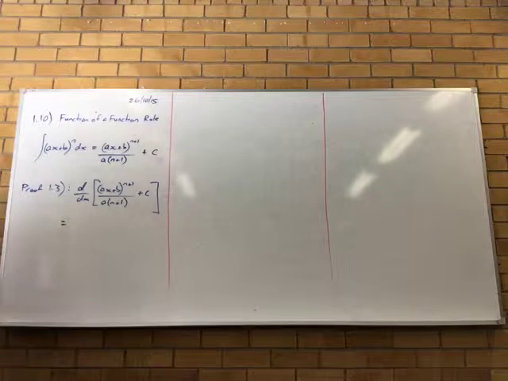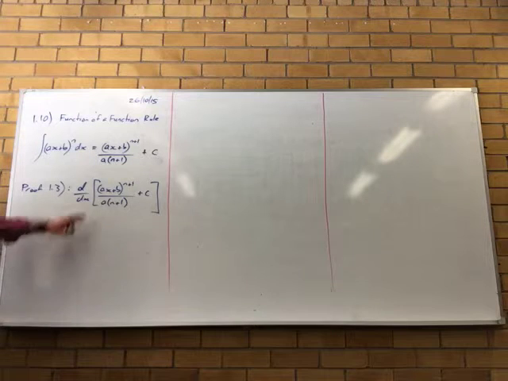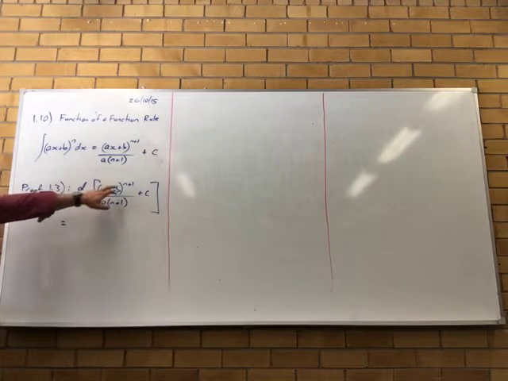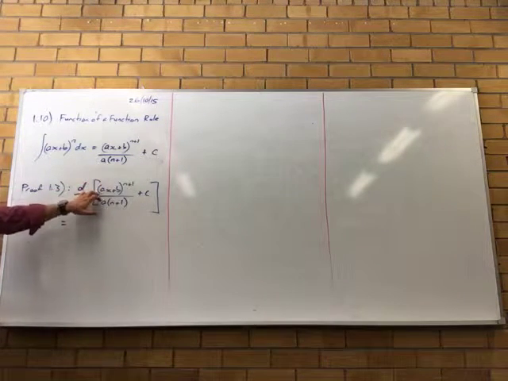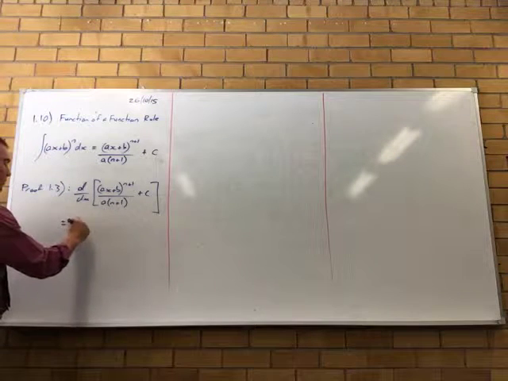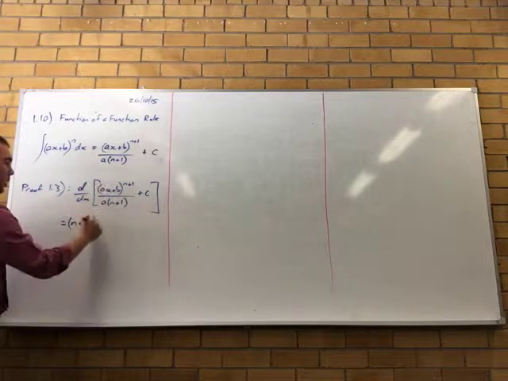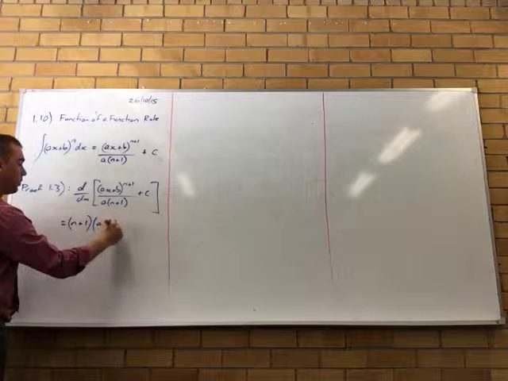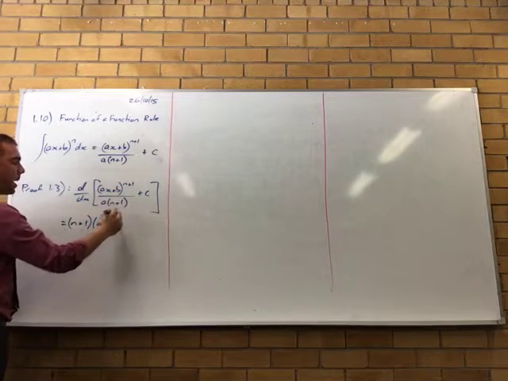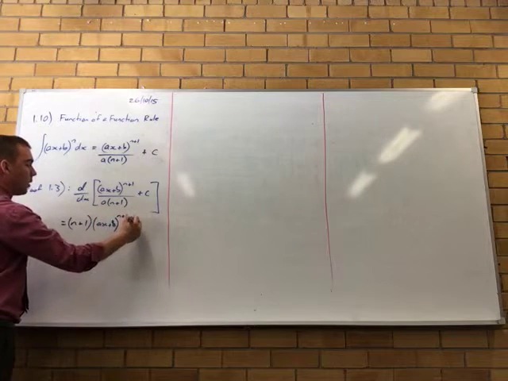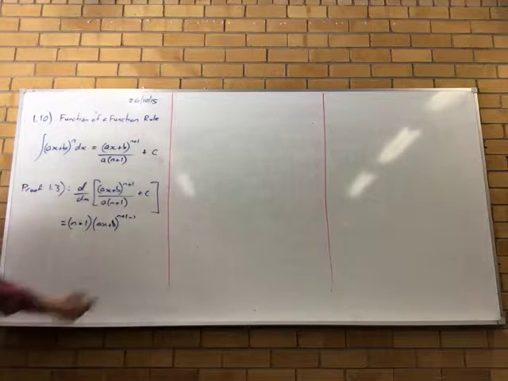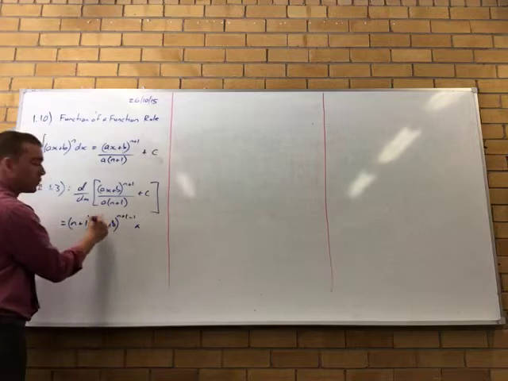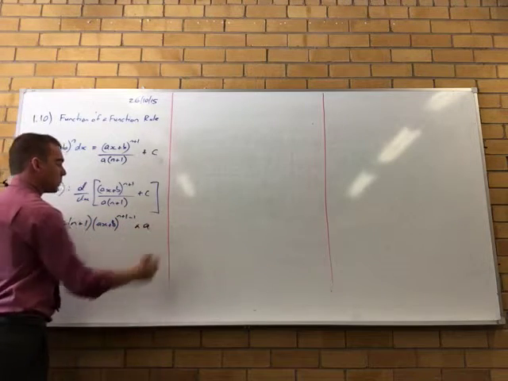So differentiate. We have a function of a function, so we need to bring down the power. Whatever is inside that bracket gets reproduced. You take one off the power, and then you have to multiply by the derivative inside the bracket.